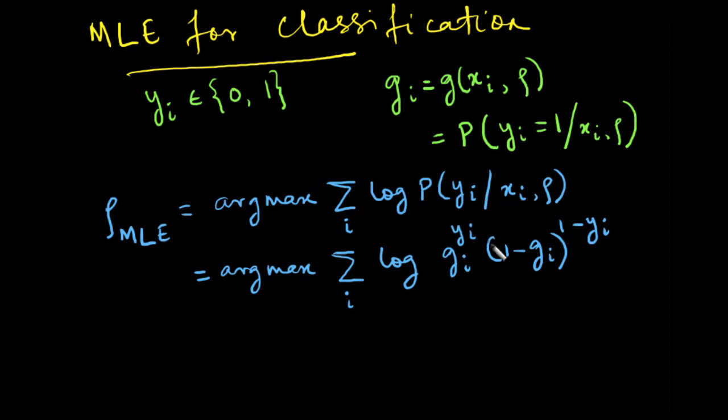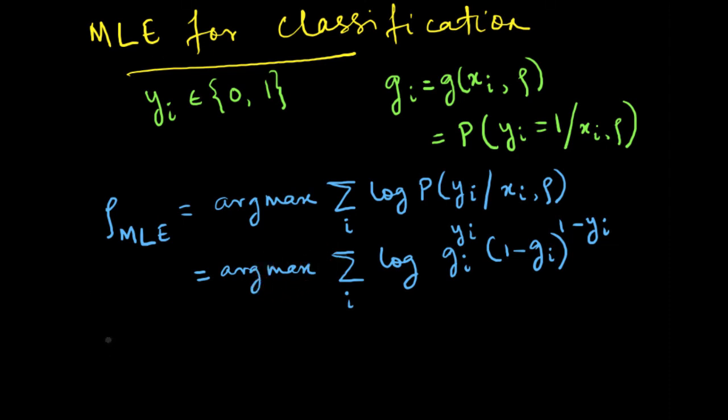So now we can again separate this out. This can be log of this plus log of this, and for the sake of simplicity we also take a negative sign which makes argmax into argmin.